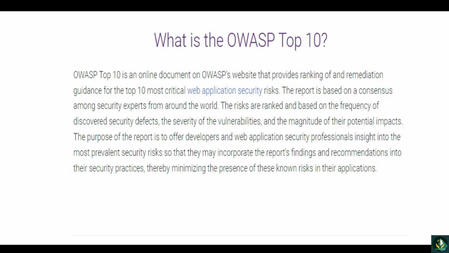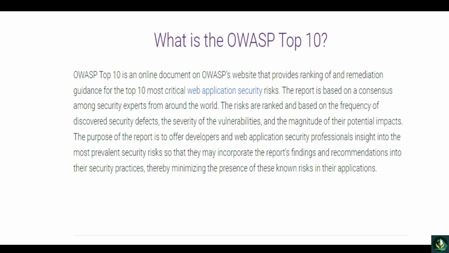So what is OWASP Top 10? OWASP Top 10 is an online document on OWASP's website that provides a ranking of and remediation guidance for the top 10 most critical web application security risks.